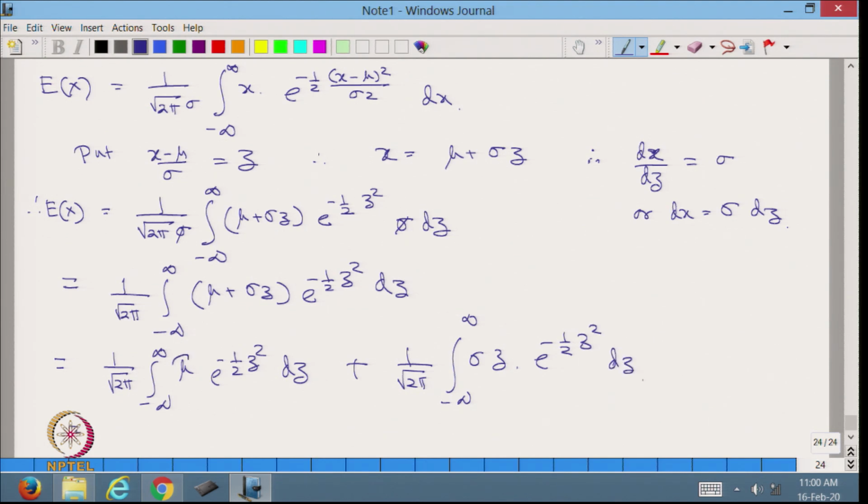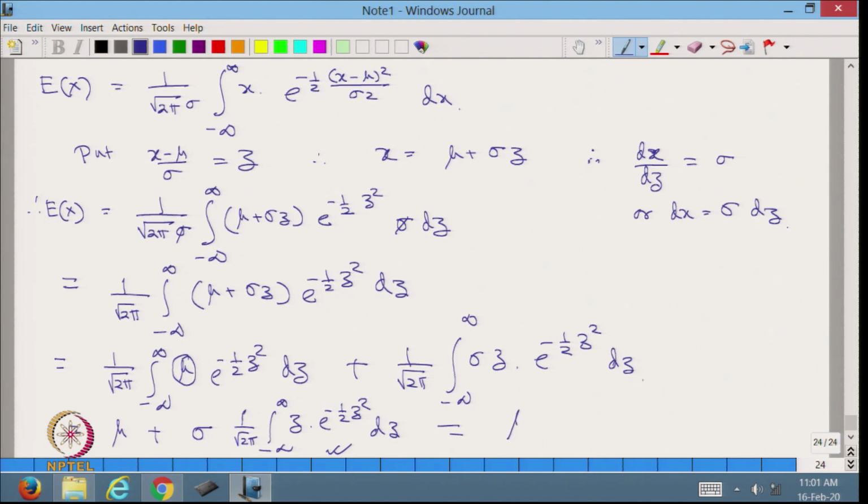Now, if I take out mu, we get the integration of the standard normal PDF. Therefore, this gives us mu plus sigma times 1 over root over 2 pi minus infinity to infinity z into e to the power minus half z square dz, and this is the expectation of normal 0 1 variable, therefore 0.